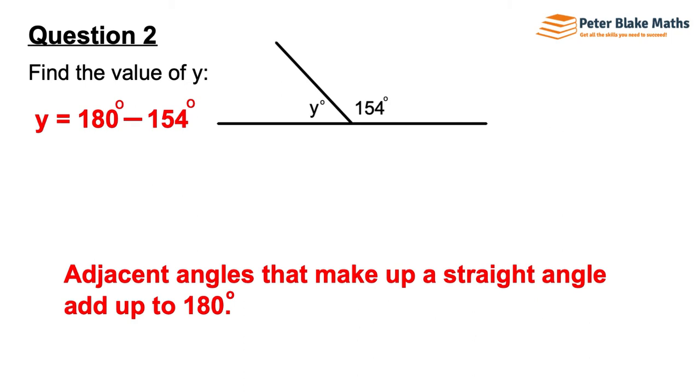So to find y, we can take 154 and take it away from 180 degrees, because those two angles are sitting on a straight line and we know a straight angle adds up to 180 degrees. So 180 degrees minus 154 degrees gives us a final answer of y equals 26 degrees.